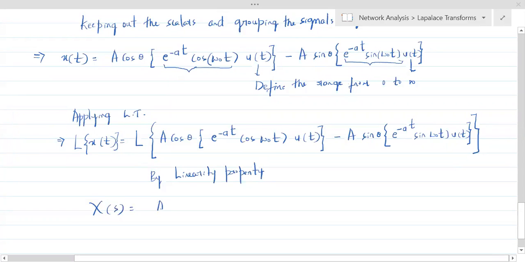That is, a cos theta we can keep out and apply Laplace transform only on e power minus at cos omega naught t u of t.